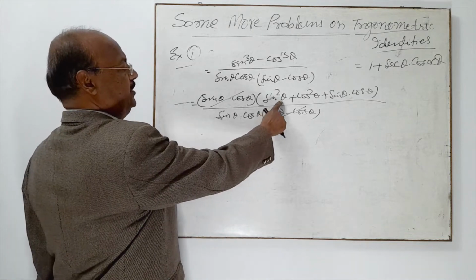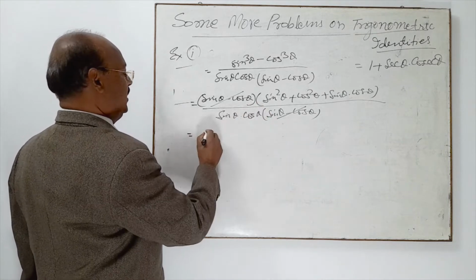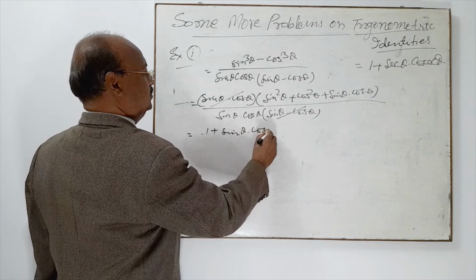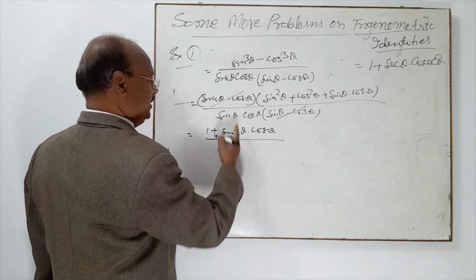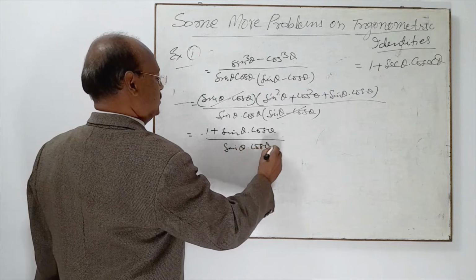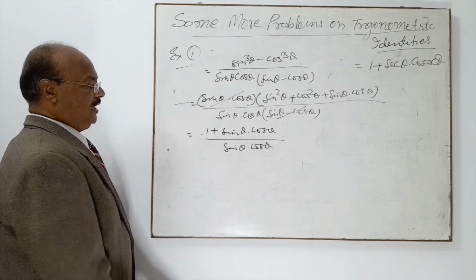You see here, sine square theta plus cos square theta is 1. So in the numerator we can write 1 plus sine theta into cos theta, and in the denominator we have sine theta into cos theta. So now we can split this numerator into two parts.